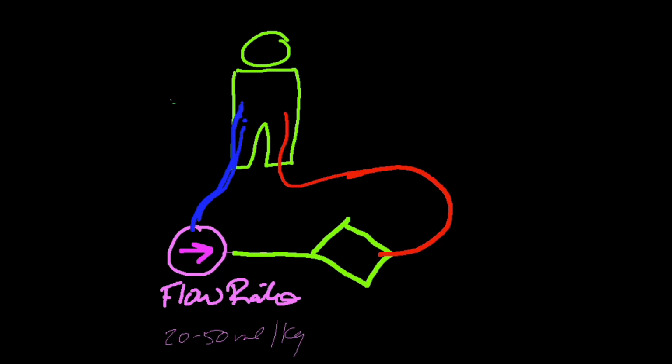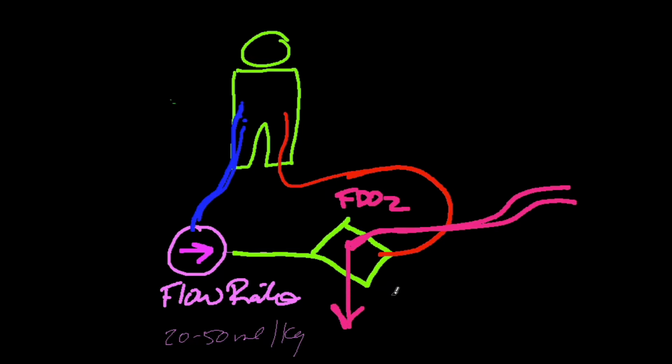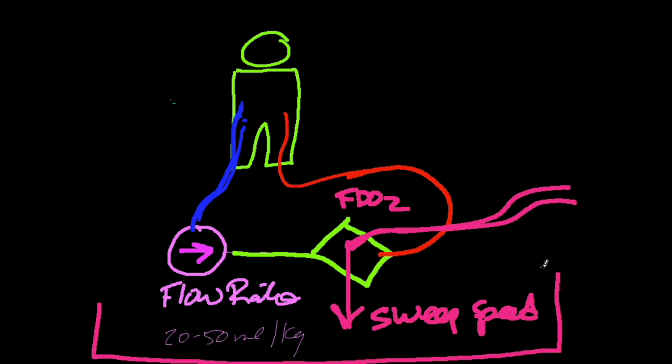Other components you have control over are what's known as the FDO2, which is derived by blending air and oxygen from external sources into a blender and then pushed through the membrane oxygenator at a certain sweep speed. And then finally there's a heating component that can keep this at a pretty constant temperature.